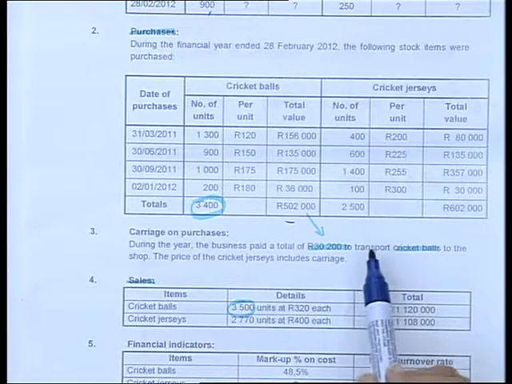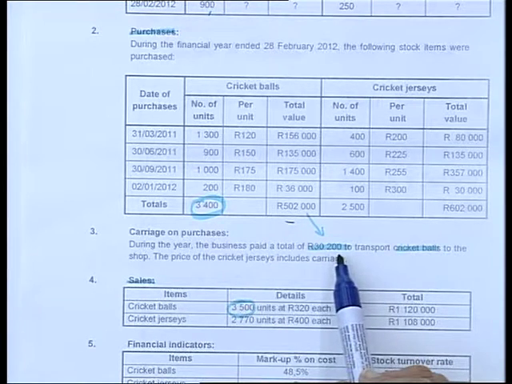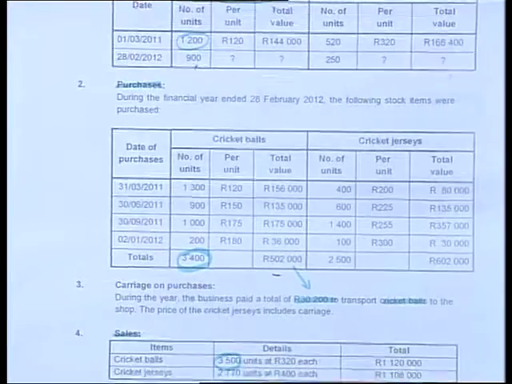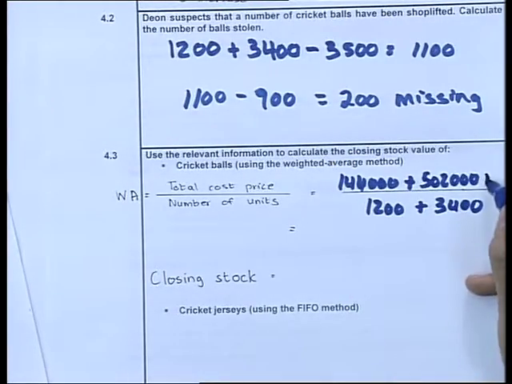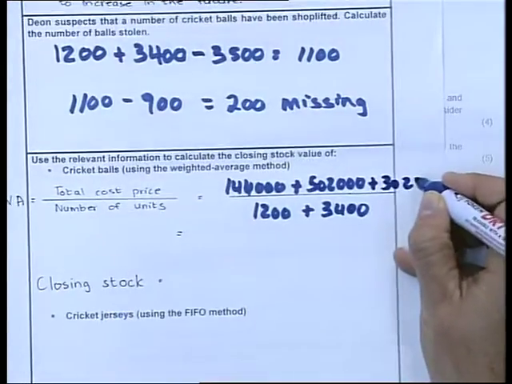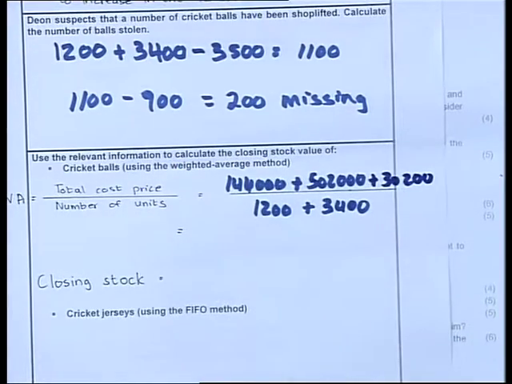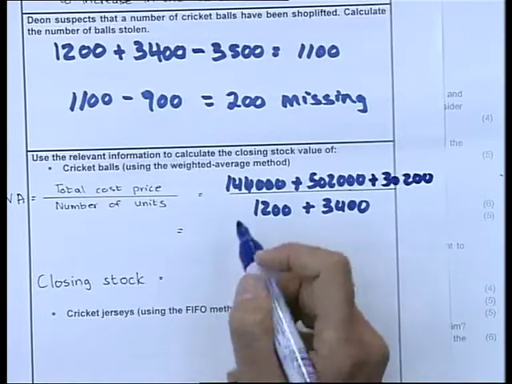So can you remember what I said? We now need to add this 30,200 to the cost of the cricket balls because it increases the cost of the cricket balls. So we're going to say plus 30,200.